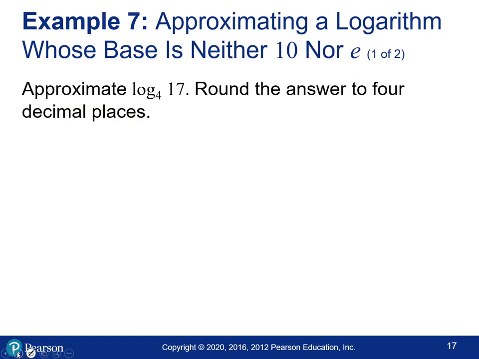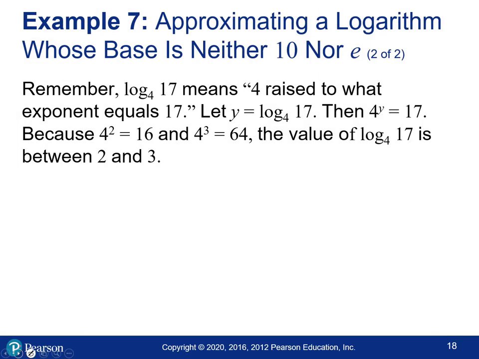So let's approximate log base 4 of 17, and then we're going to round, and then we're going to use the property. Okay, so this means, if you rewrite it in exponential form, 4 to what power equals 17? So what do we know? We know 4 to the second power is 16, and then 4 to the third power is much larger, it's 64.